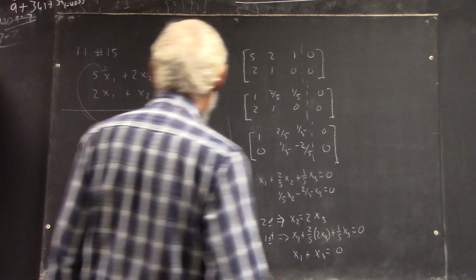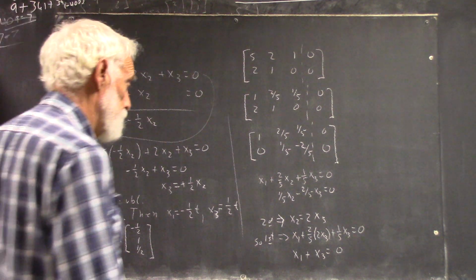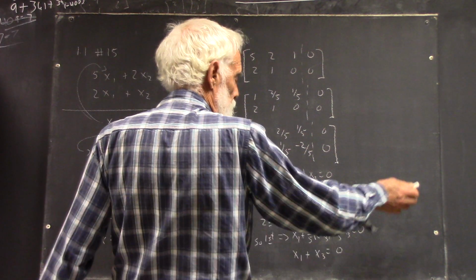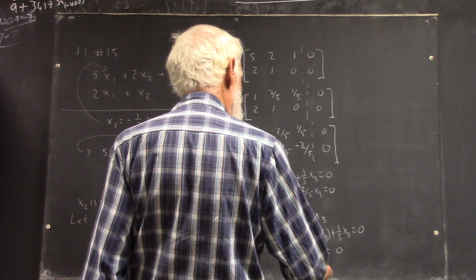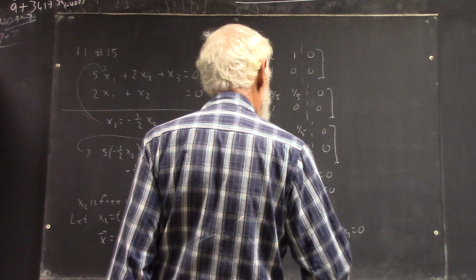And that gives you x1 plus x3 equals 0. That's 2 times 2/5 and 1/5 gives you 1. And x1 equals negative x3.